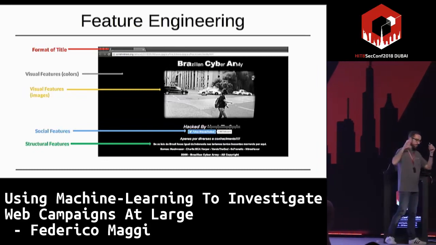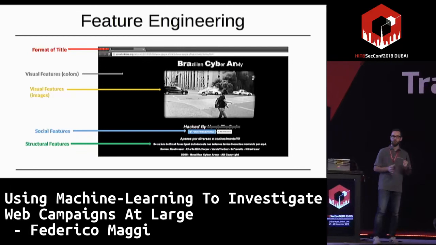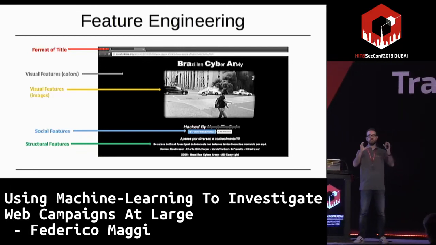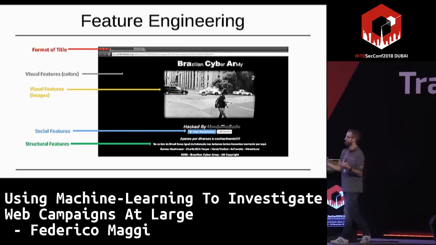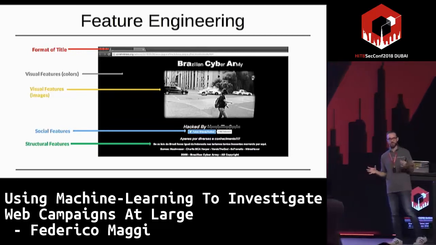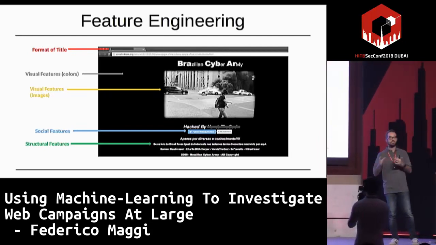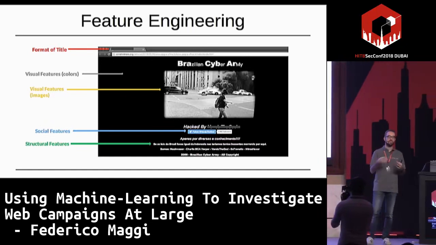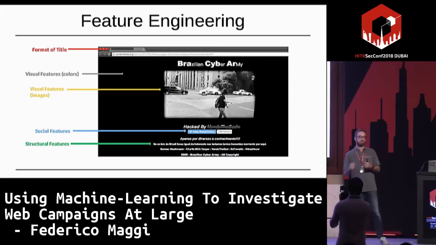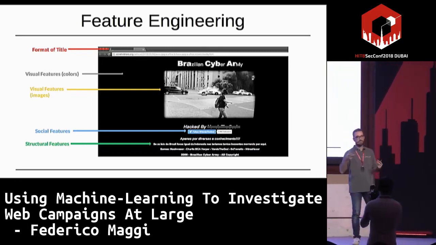And then we would like to represent how the template is structured. We would like to say, this is how the HTML looks. But of course we cannot, because it's very hard to represent a tree as numbers easily. So what we do is we keep track of how many of each HTML tag they have. We get rid of the silly styling tags such as font or strong or slanted letters and stuff like that.